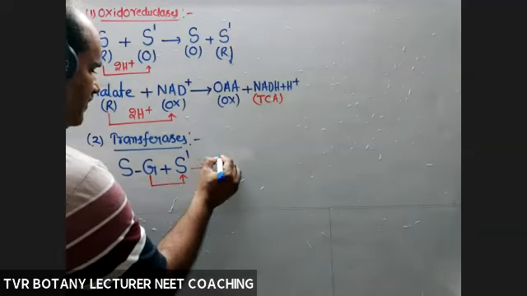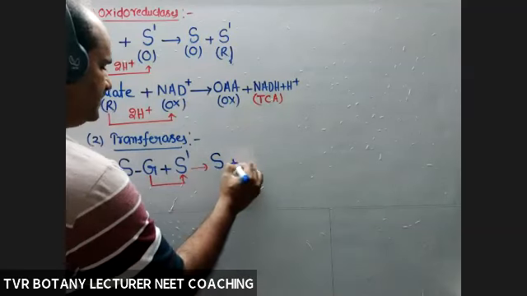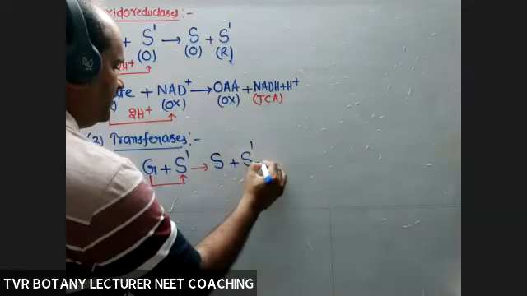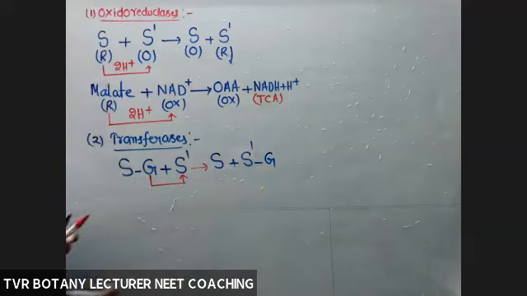So the first one without that group plus the second one with that group. It's a dummy one, not the real one. So transferases involve transfer of groups between two substrates other than hydrogen atoms. Here, this group is not a hydrogen atom. We'll see with the help of some example.